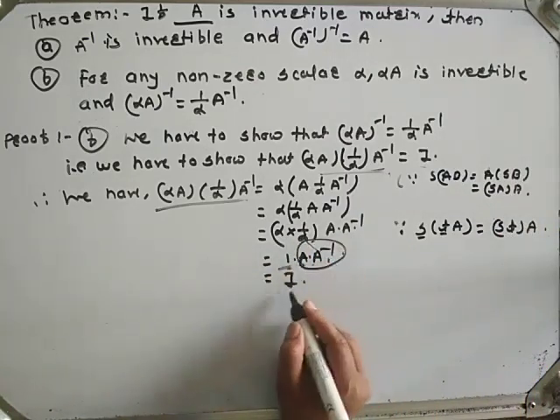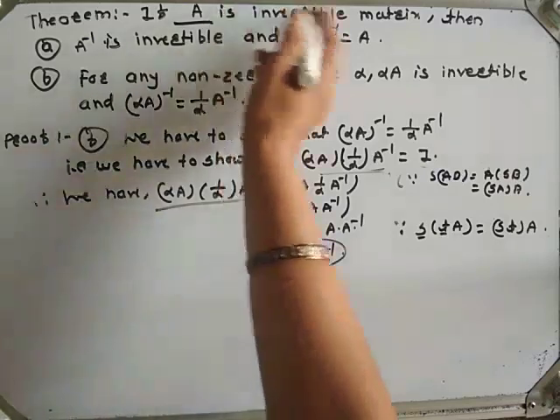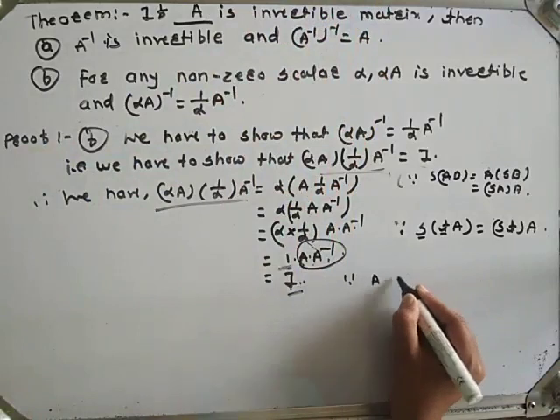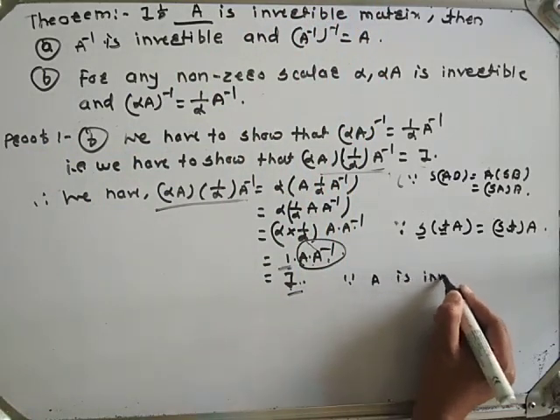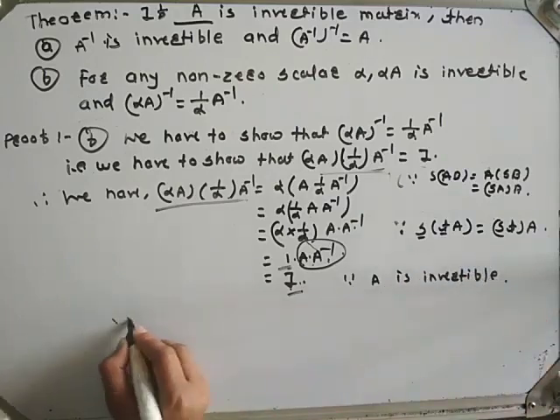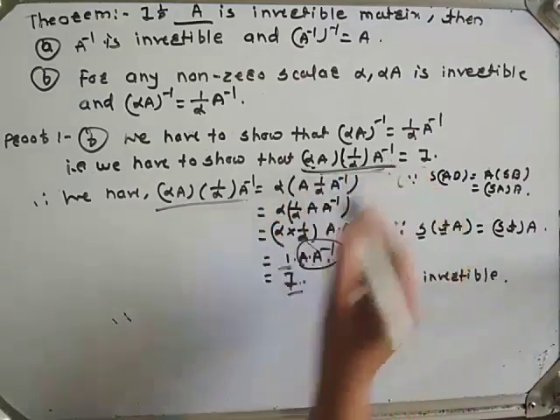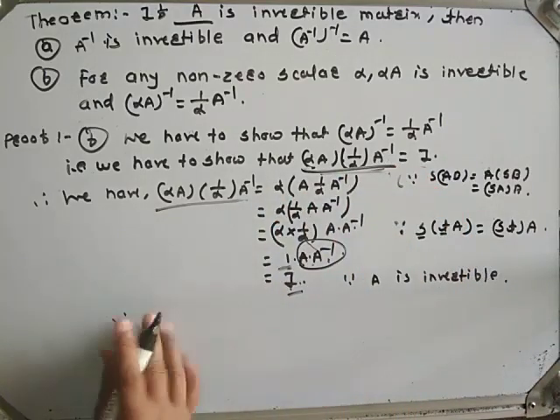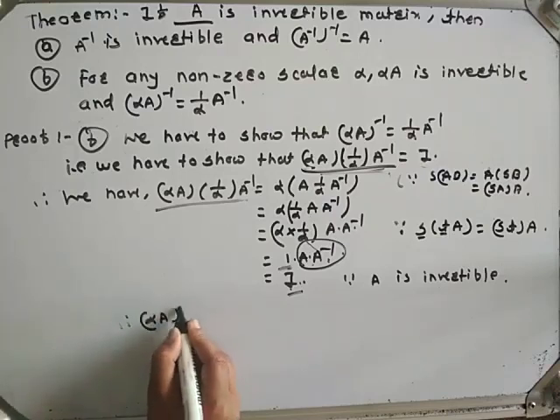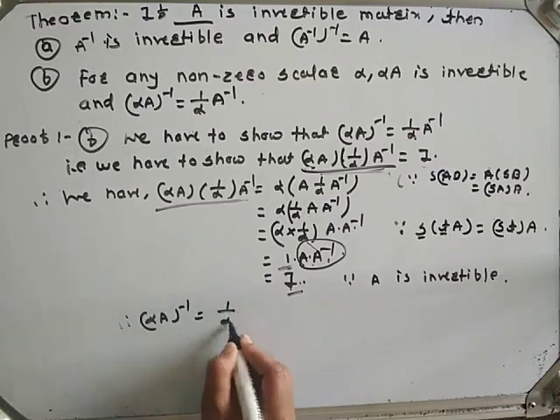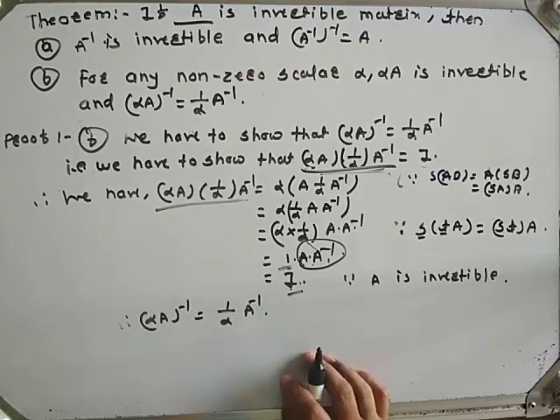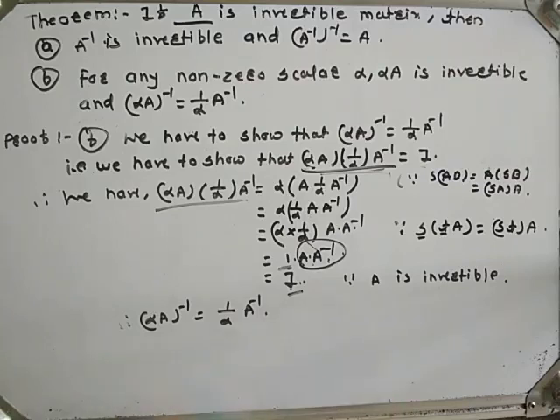Obviously, A into A inverse is equal to I, because A is invertible. Therefore we prove this, that is, inverse of alpha A is equal to 1 by alpha into A inverse. Hence, proof of part B is complete.